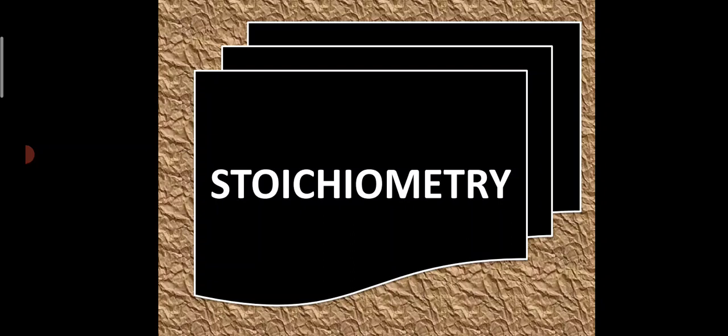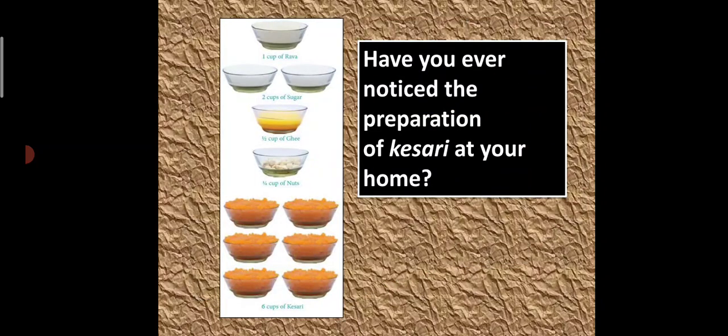For example, stoichiometry means we are cooking so many dishes. Your mother cooks so many dishes at home. She knows the calculation of addition of salt, chili powder, water to the food whatever she is cooking. For example, if she is making biryani for 4 people, if she is going to add 1 glass of rice, she will know very well how much water to add to 1 glass of rice.